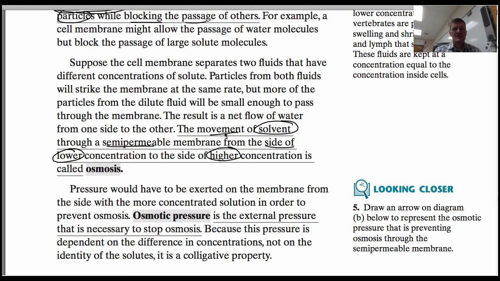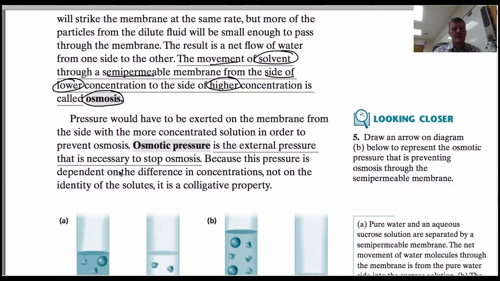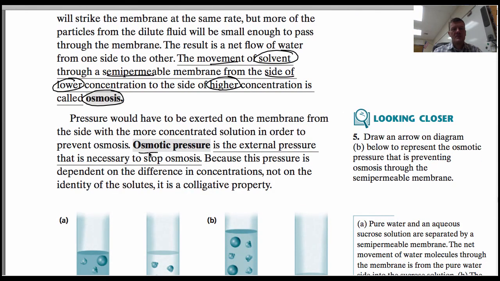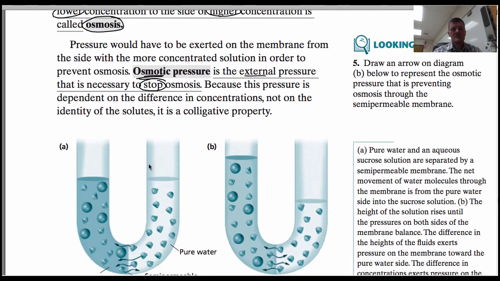From lower concentration to higher concentration. Okay? Is called osmosis. All right? And that pressure, the osmotic pressure, is the external pressure to stop this osmosis. Let me just show you what I mean here.